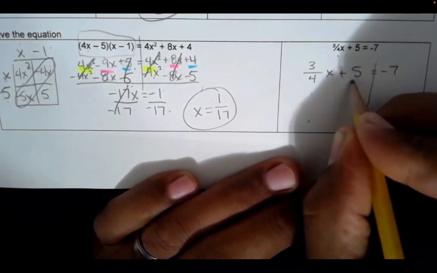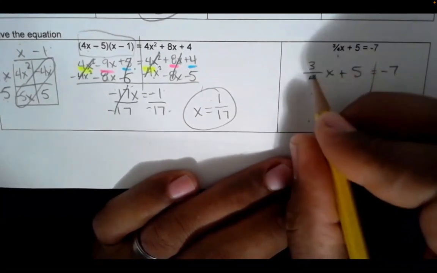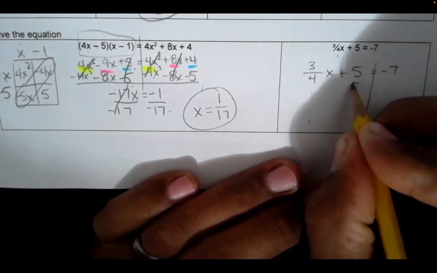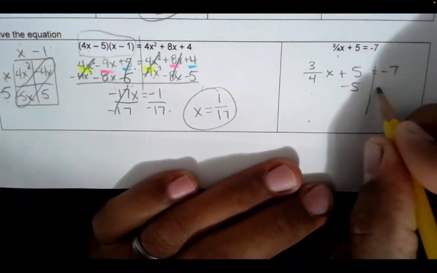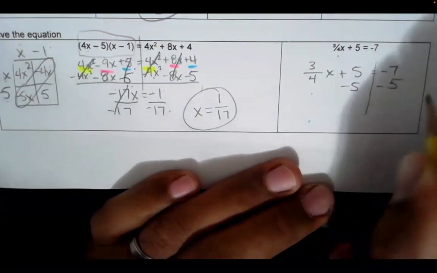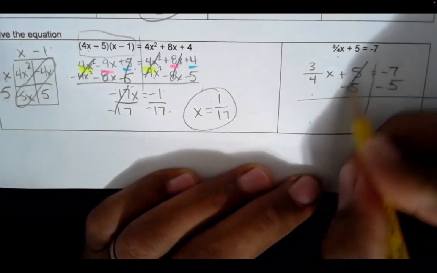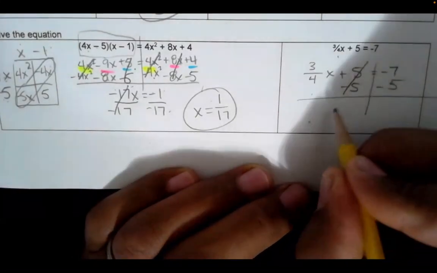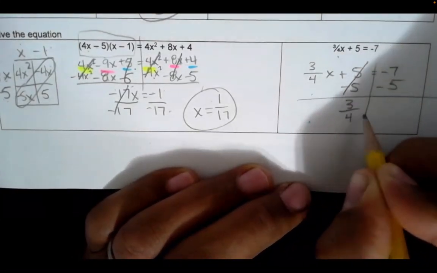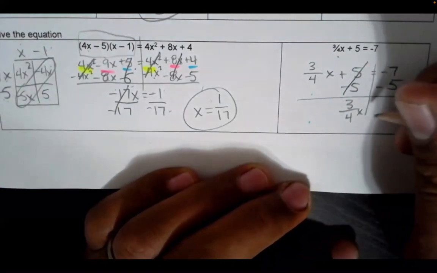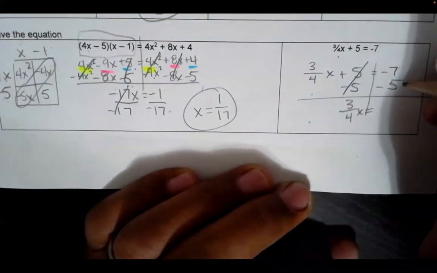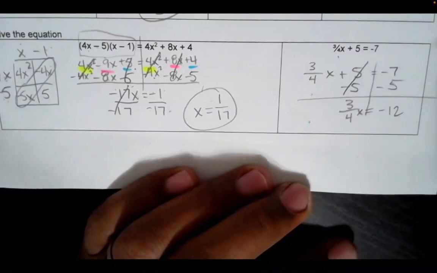I want to cancel that 5 out first. Let's move that over, and then we're going to deal with the fraction. So here, minus 5 on both sides. That cancels out. And now I've got 3 over 4x equals negative 7 minus 5, which is negative 12.